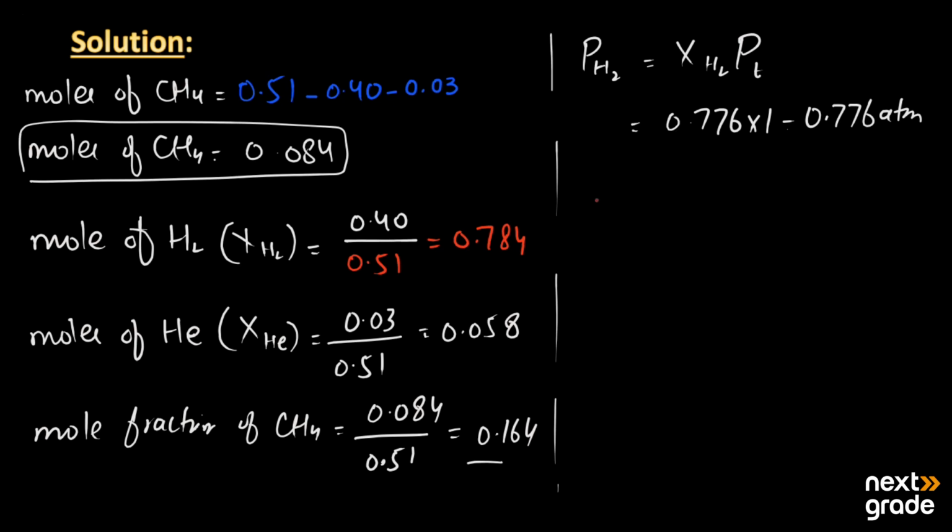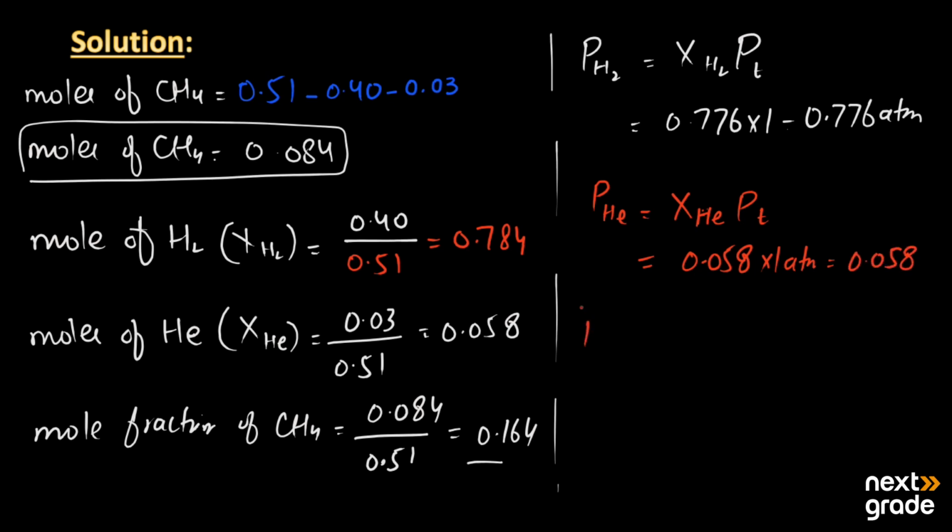Then the partial pressure of helium is equal to the mole fraction of helium multiplied by the total pressure: 0.058 multiplied by 1 atm, which is 0.058 atm.